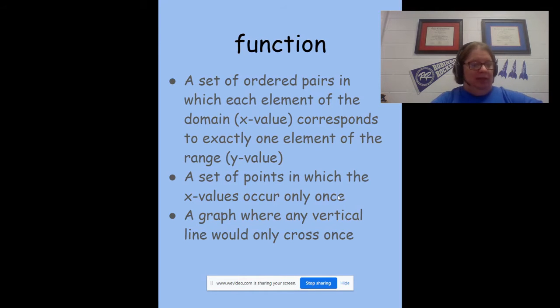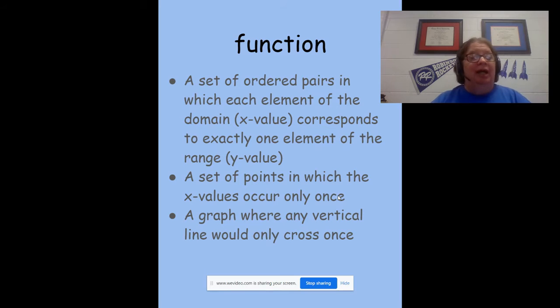Okay, like we talked about in where do you stand, if each input only has one output, that's a function. So the definition here says a set of ordered pairs in which each element of the domain, or x value, or input, those all mean the same thing, corresponds to exactly one element of the range.